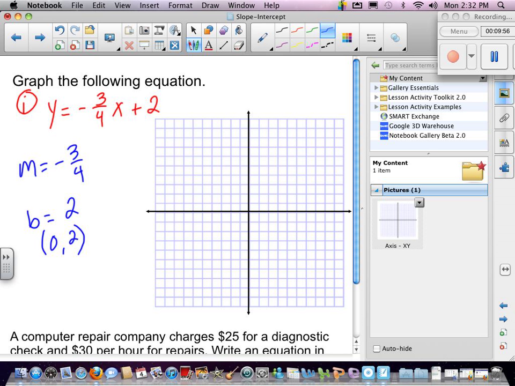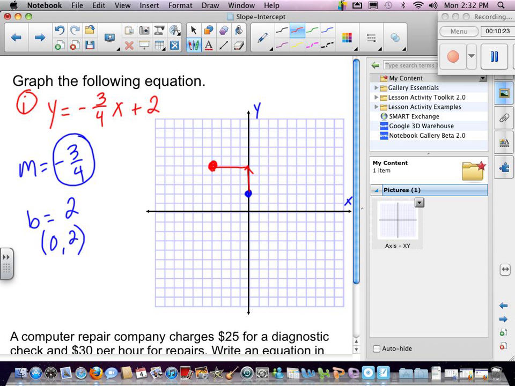I go to the graph, and at the y-intercept of 2, I'm going to put a point. Let me use the slope negative 3/4 to plot some more points. So I'm going to go up 1, 2, 3. And if I want this to be negative 3/4, then I'm going to have to go over 4.